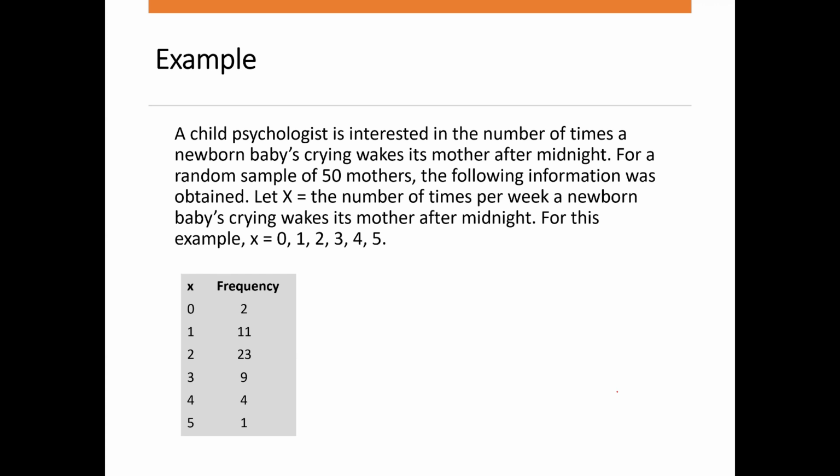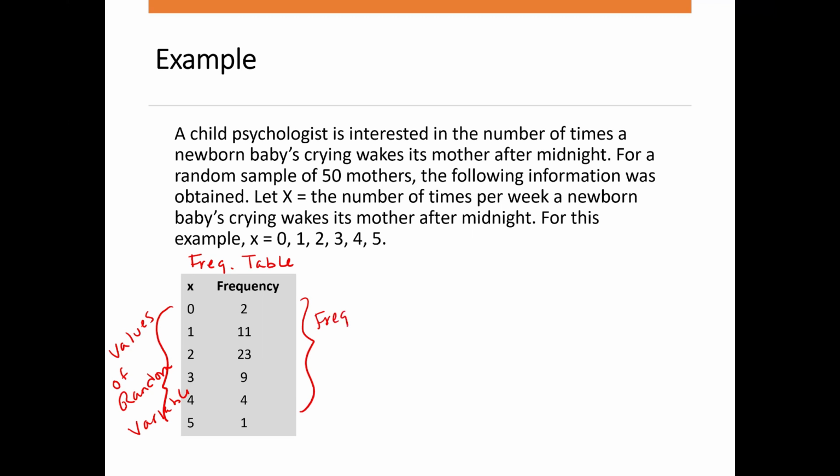Okay, so this is a frequency table. In this frequency table, we see the values that our random variable can take on. So these are the values of our random variable, and then the frequency.